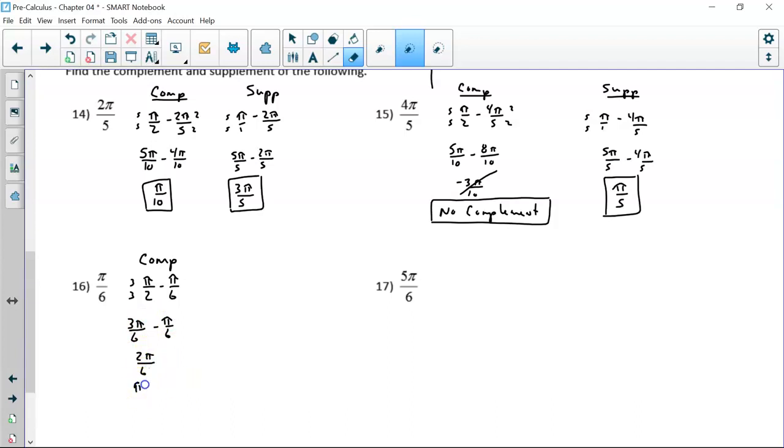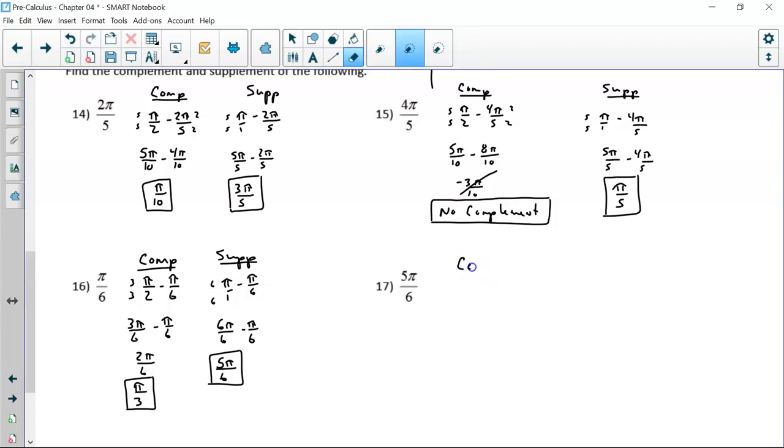You get pi over 3 as your complement. For your supplement, pi minus pi over 6. Get that common denominator of 6. You get 6 pi over 6 minus pi over 6, which is 5 pi over 6. And there's our supplementary angle.